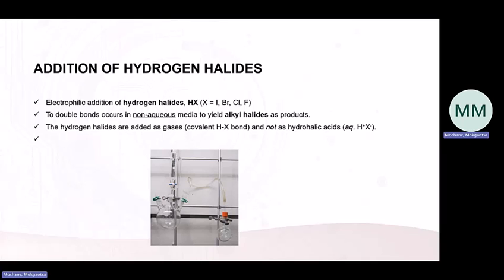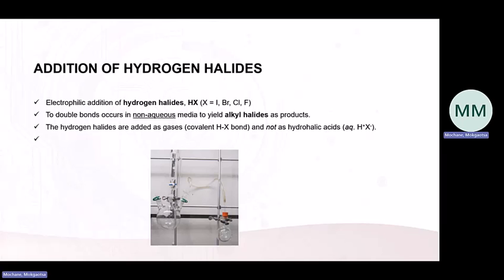They are not undergoing this particular aqueous kind of reaction where you've got your H being positive and your X, remember, the X is symbolizing the halogen, being minus. They are added into the alkene as gases, not as hydrohalic acids. Please take that into consideration.